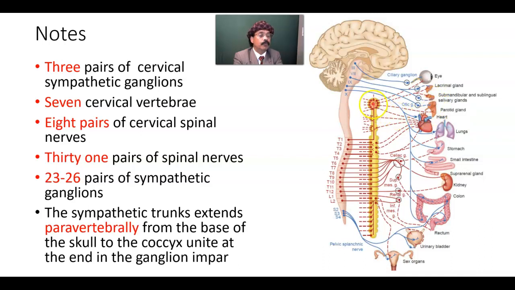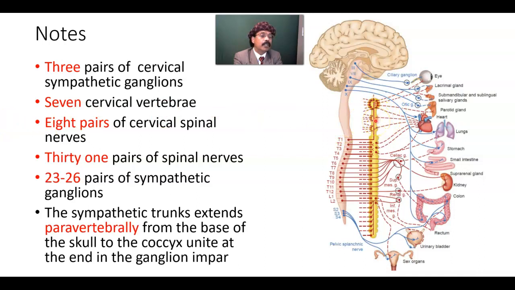From the superior cervical sympathetic ganglion, we also get a contribution to the cardiac plexus. For lacrimation, we have to know that it is parasympathetic, and sympathetic is vasoconstriction.